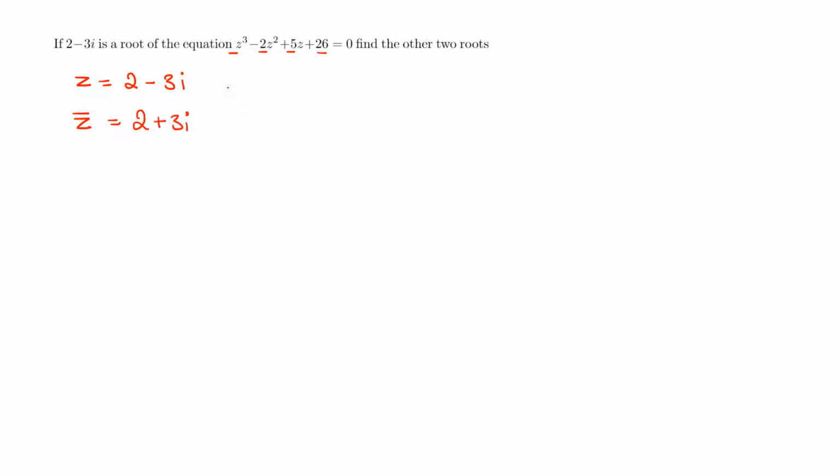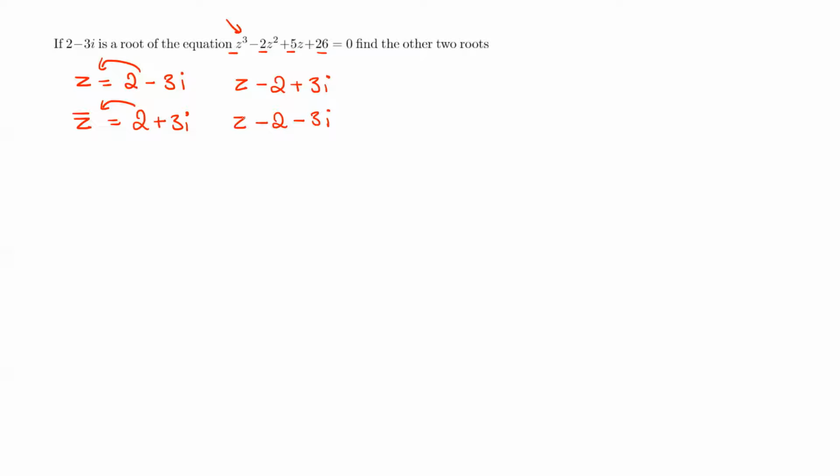So if these two are roots, then we can find the factors by just bringing the numbers over here. And if we do that, we're going to get z minus (2 plus 3i) as one factor, and z minus (2 minus 3i) as the other factor. Now, to find the third root, and we know there's three roots because the highest power of z is to the power of 3, so it's a cubic, and a cubic always has three roots.